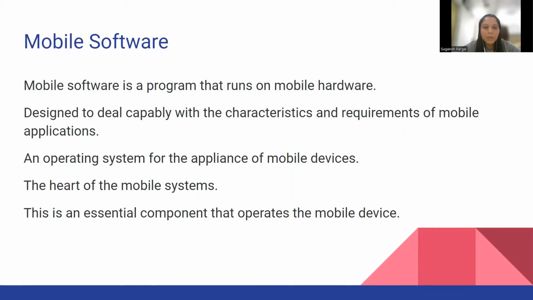Next, an operating system for the appliance of the mobile device is developed in the mobile software. So a mobile software is basically the heart of the mobile system. This is a very essential component that operates the mobile devices and tries to make the mobile computing possible.